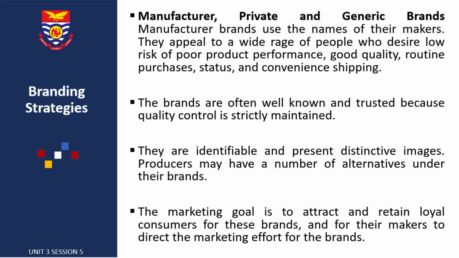They appeal to a wide range of people who desire low risk of poor product performance, good quality, routine purchases, status, and convenience shopping. With the manufacturer brand, the name of the manufacturer is being used as a brand on the product.